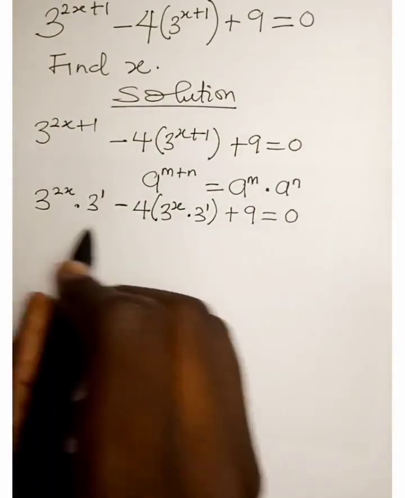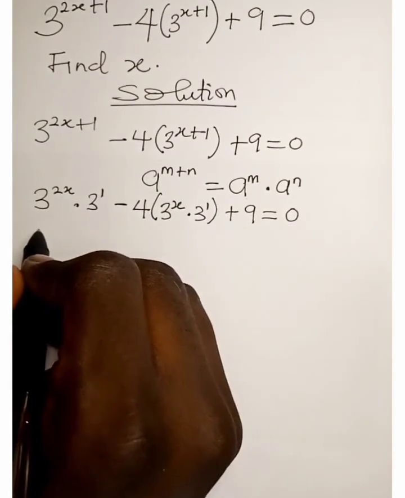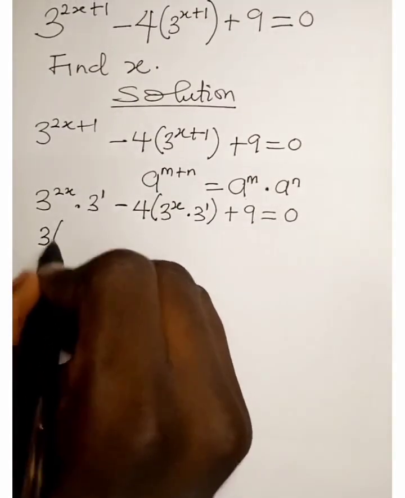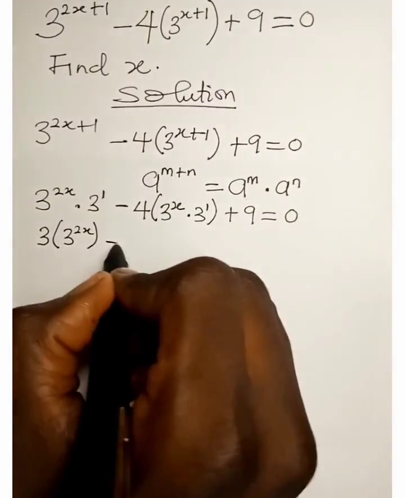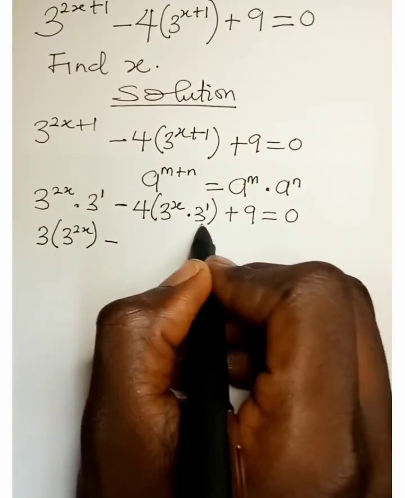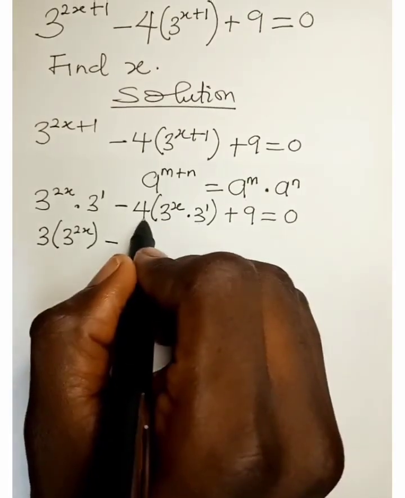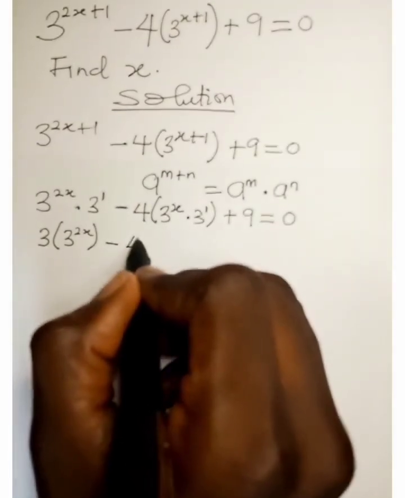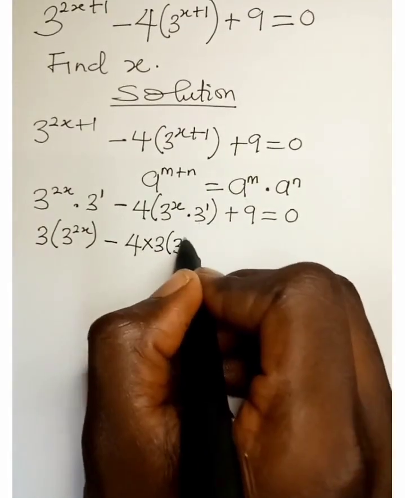Then from here, we know that 3 raised to power 1 is equal to 3. So we can bring it out: 3 into 3 raised to power 2x, then minus. Inside this bracket I also have 3 raised to power 1, so I can factor it out and multiply it with this 4 here. So I'm going to have 4 times 3 into 3 raised to power x.